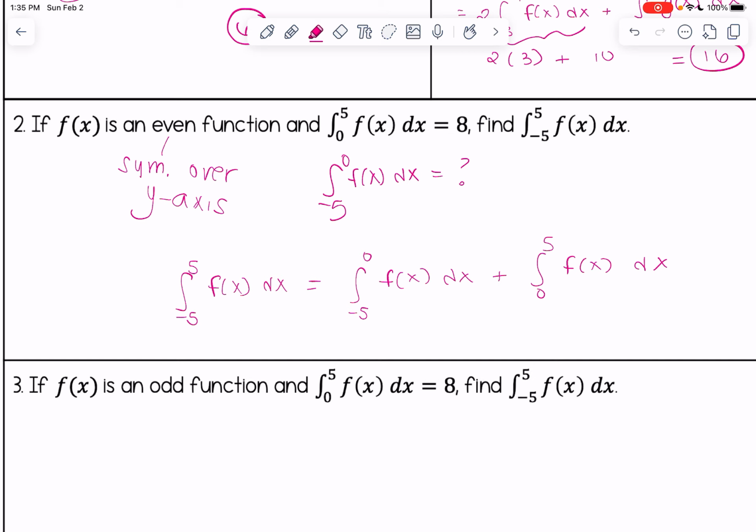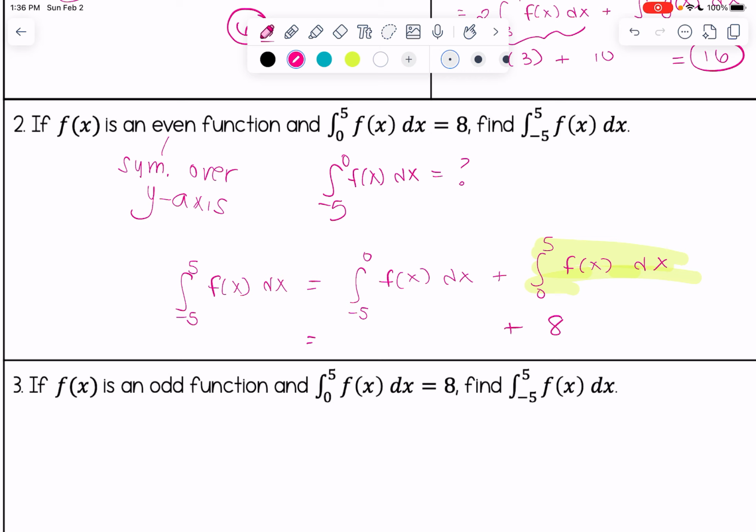Okay, we know that this is equal to 8. The problem gives us that piece of information. So if we could figure out the integral from negative 5 to 0, we could figure out that total value that the question's asking us for.